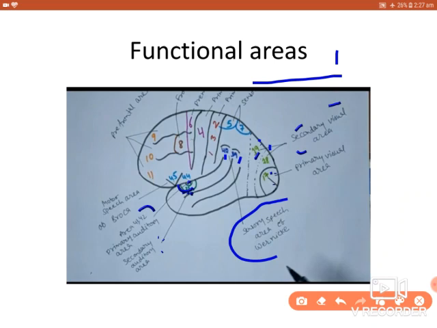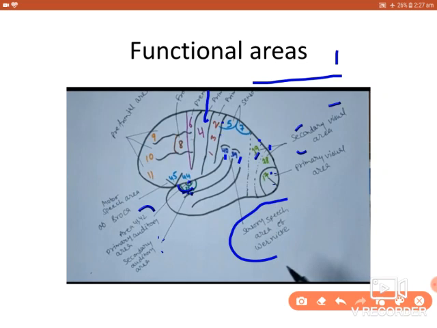Okay, here you can see this is the primary motor area in this precentral gyrus, area number 4, okay, which is responsible for the voluntary activities of the opposite side of the body. Here we're talking about one half of the cerebral hemisphere. Okay, so this is the left cerebral hemisphere. Here you can see this is the 3 to 1.